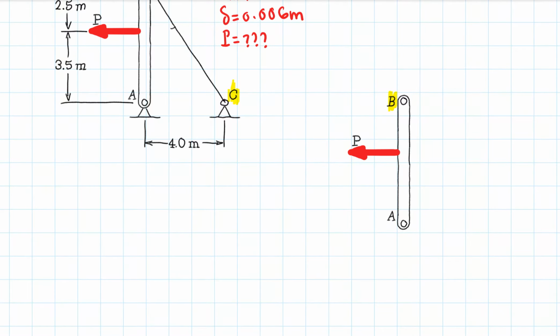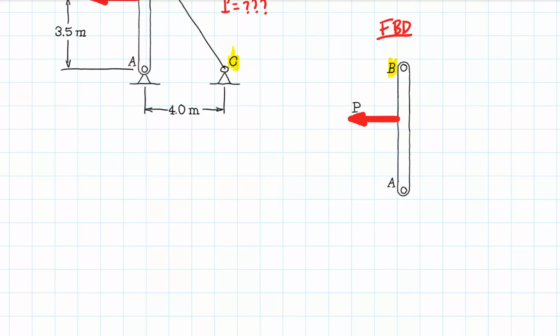So it's a good idea to draw the free body diagram in here. At A we have a pin support right here, and a pin support will have a reaction force in the Y direction and a reaction force in the X direction.